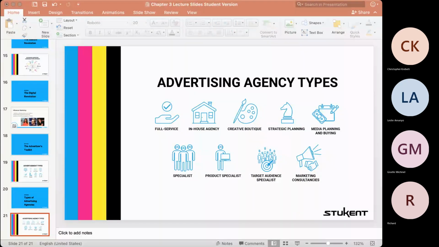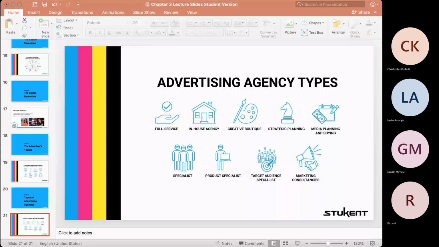Apple has an in-house agency, and they are standing out now. Spotify, Facebook, all of them. You have fashion companies like Ralph Lauren, whose adverts I've given you to watch a couple of times. They all have in-house agencies that run their adverts for them.